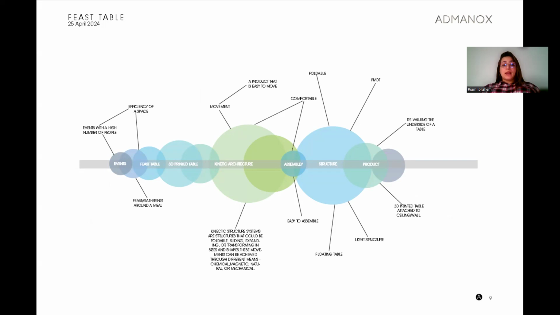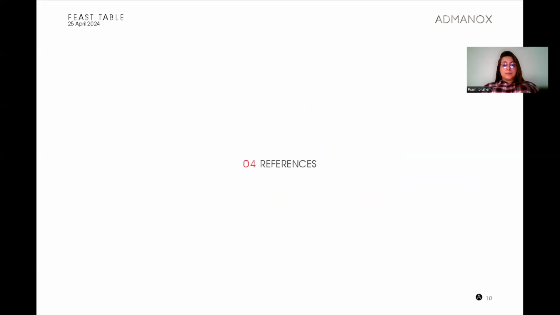I am looking at kinetic energy as part of this project, which will help me to create a comfortable and easy to assemble product, a product that is easy to move and a light structure through 3D printing.